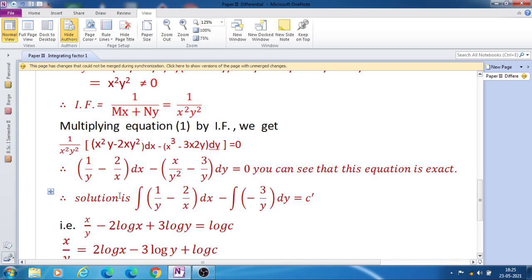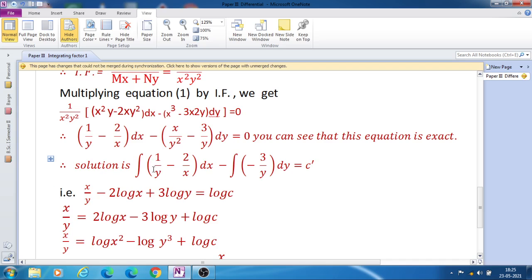Integrating m dx, and plus integrating n dy, those terms of n which do not contain x. That term is minus 3 upon y, so integrating minus 3 upon y dy is equal to the constant of integration, I have taken c dash.